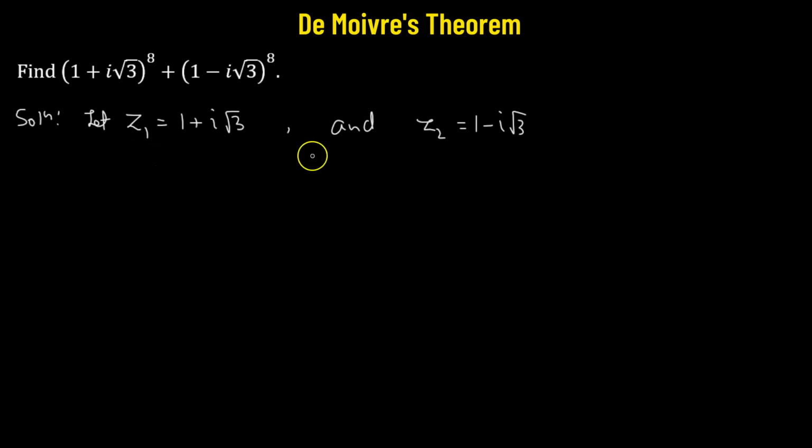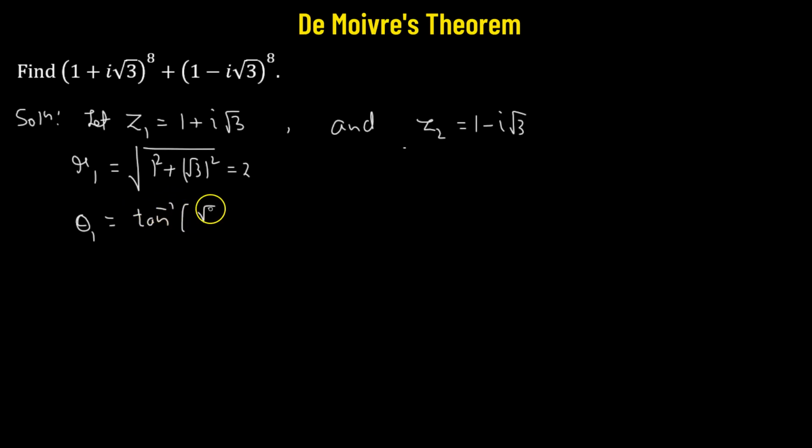We want to convert the given complex numbers to their polar form. So that means we will need to find the value of r1 and theta 1. r1 will simply equal the square root of 1 squared plus square root of 3 squared, which is going to give us the value 2. And theta 1, which is the argument of our complex number z1, is simply the inverse tangent of the imaginary part divided by the real part.